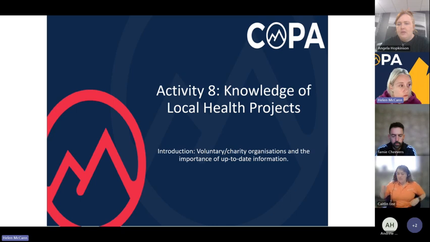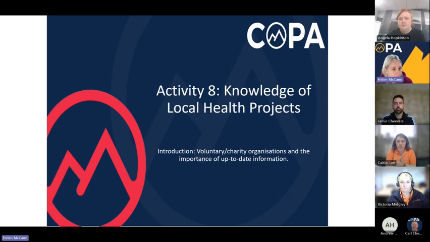So we're going to move on to activity 8. So this is knowledge of local health projects. Okay, so we're going to move on to voluntary and charity organisations, which often play a vital role in supporting wellbeing. These are organisations that step in when statutory services might not be enough or where specialised help may be needed.